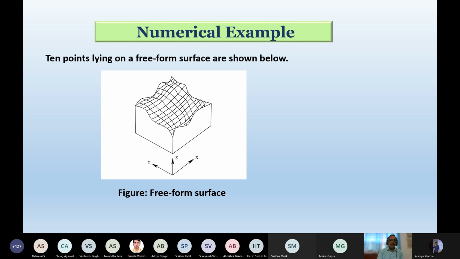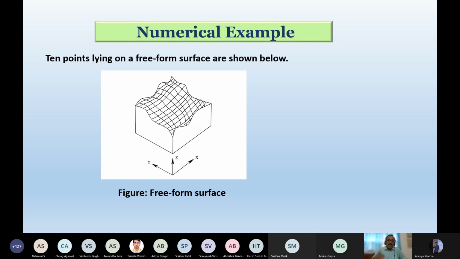This free-form surface consists of a number of undulations, ups and downs, and mathematically it is a bit difficult to represent this type of undulated surface. Now supposing that I want to do the machining for the manufacturing of this undulated, free-form surface.